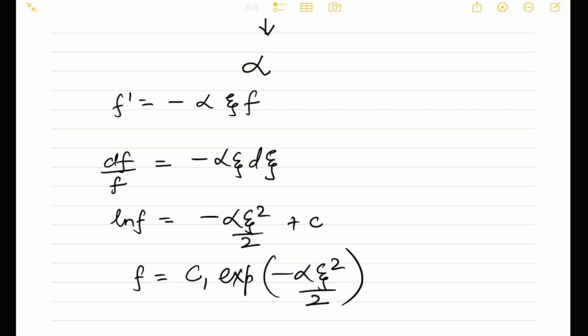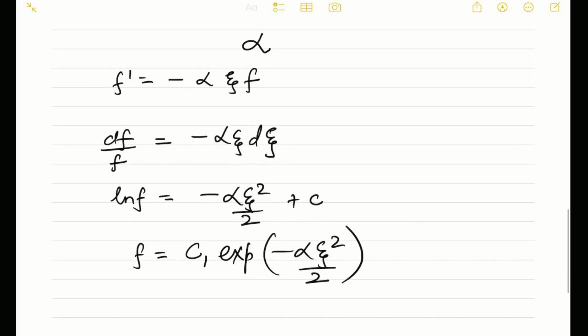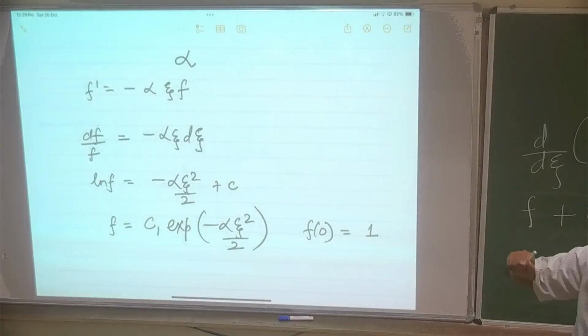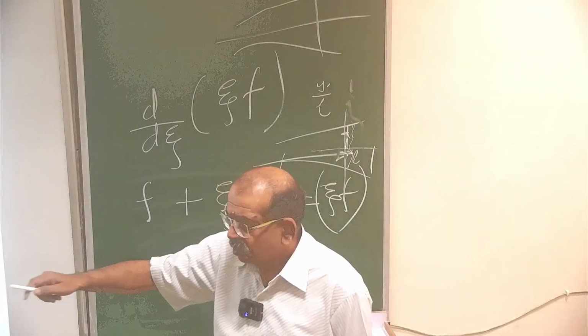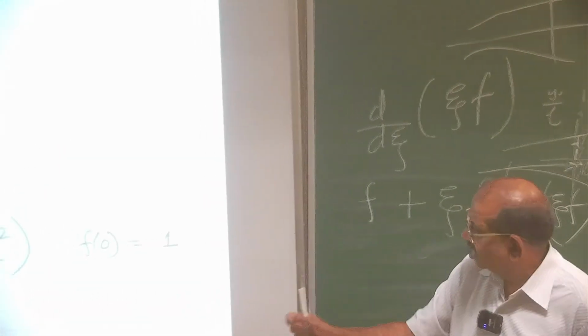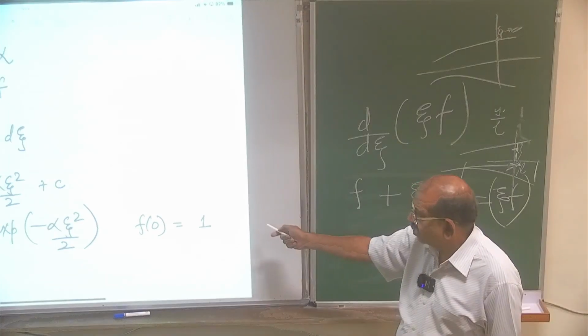Now to get C1, what we know is we defined f as the defect, u minus u0 divided by us. So at 0, u minus u0 is nothing but us. So f of 0 is equal to 1. What does that lead to?